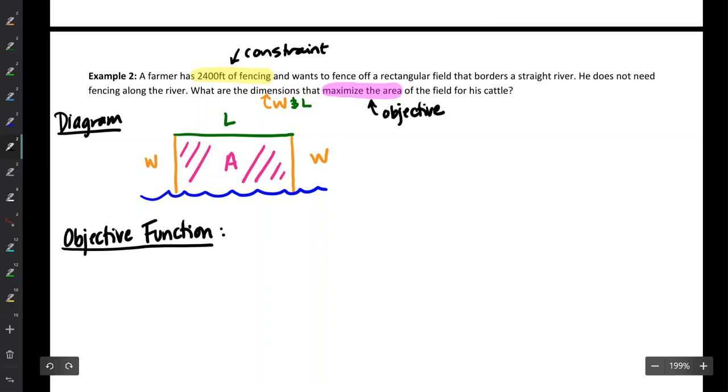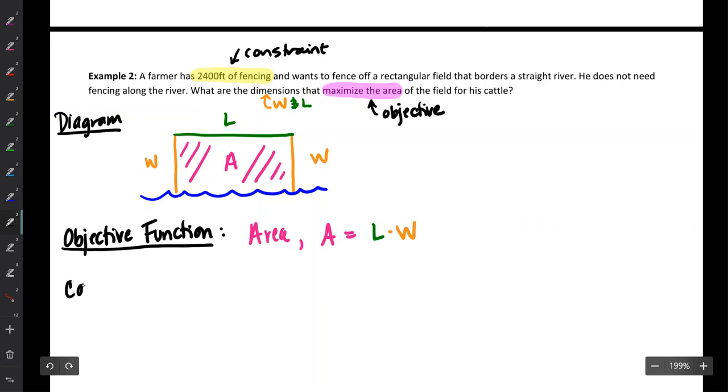It is my area. And we know that the area is equal to the length times the width.